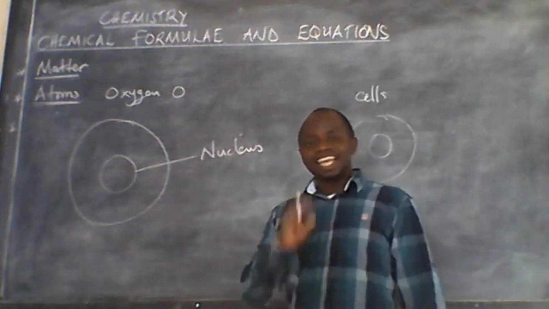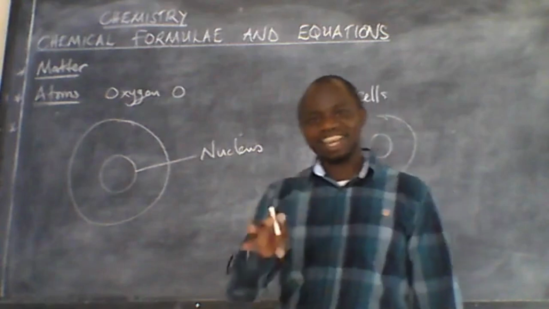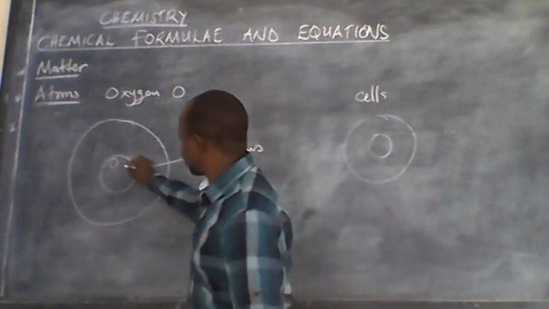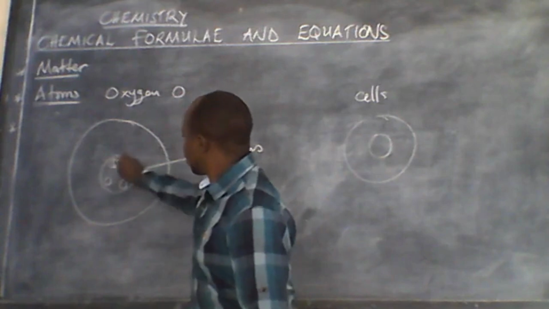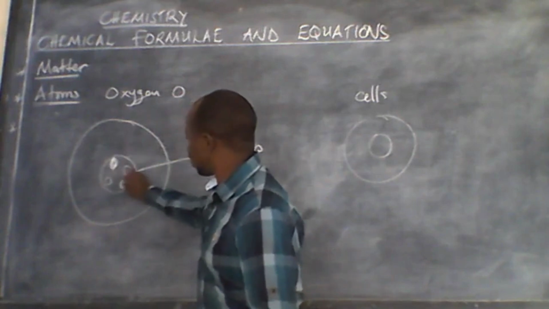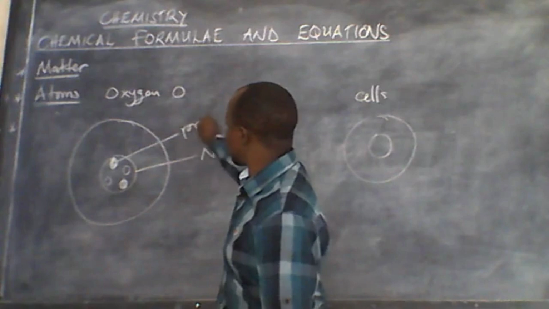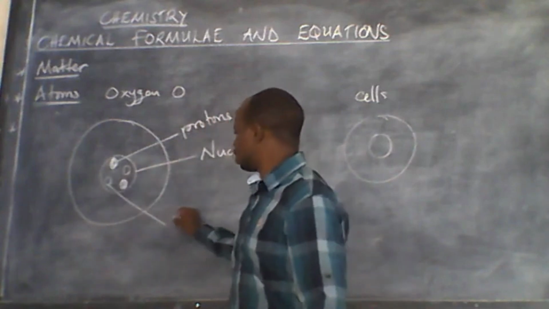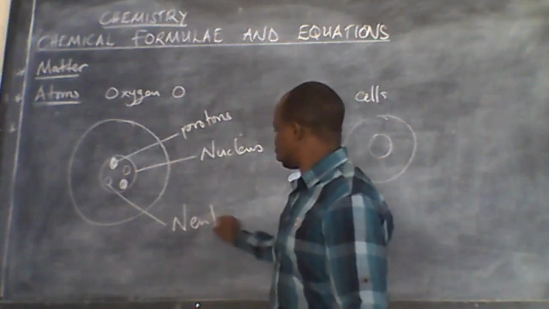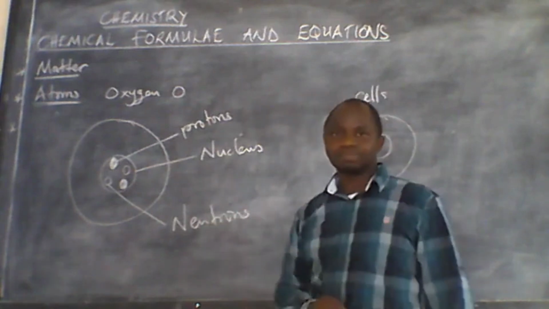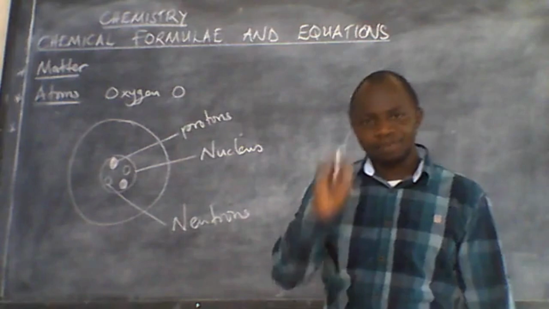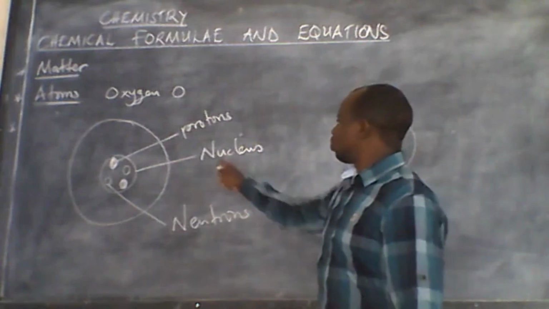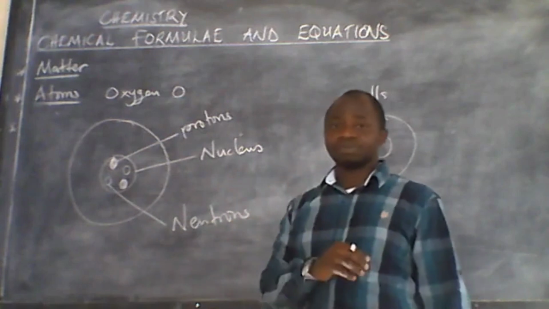Inside the nucleus of an atom, we have what we call protons. We also have neutrons. So the neutrons and protons are inside the nucleus of an atom.